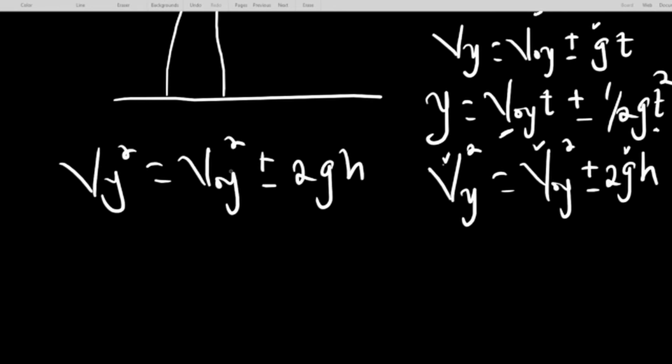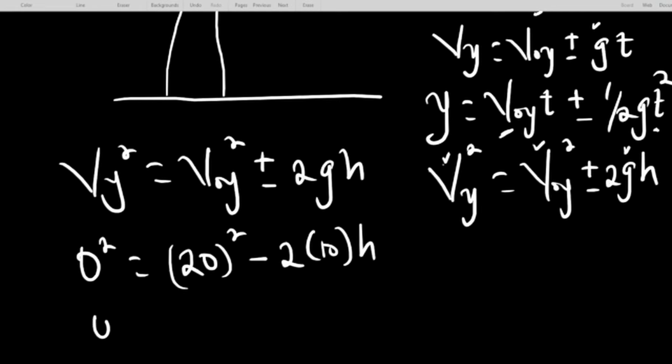At the maximum height, the final velocity is 0, so this becomes 0 squared equals the initial velocity, which is 20, so 20 squared minus 2 multiplied by our g, which is 10, multiplied by the height. So 0 squared is simply 0, and this equals 20 squared, which is 400, minus 2 times 10 times h, which gives us minus 20h.